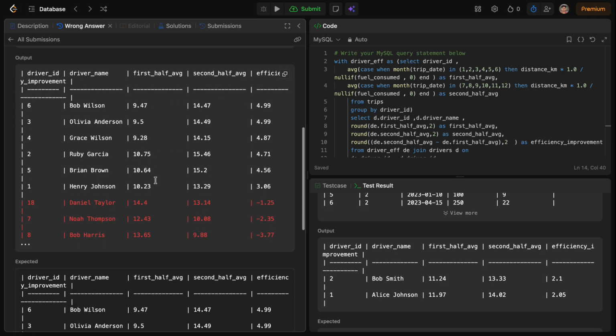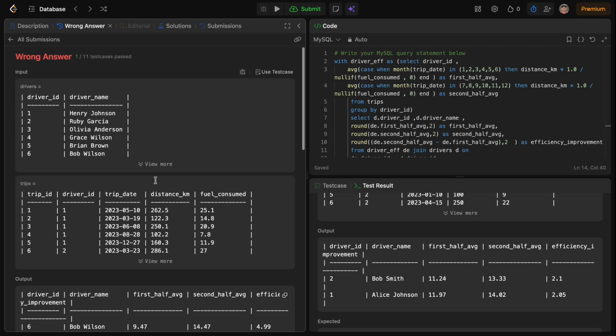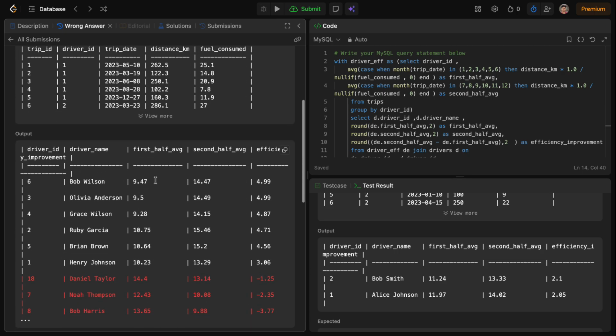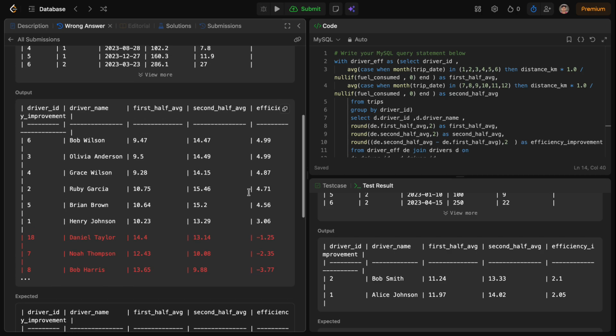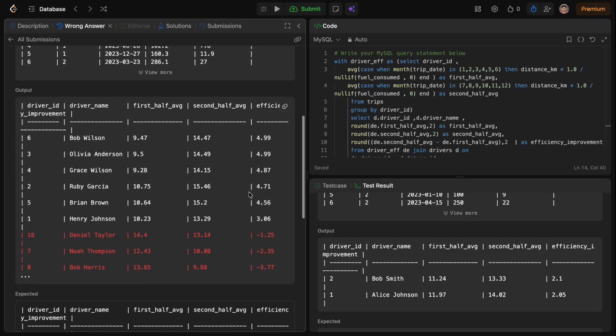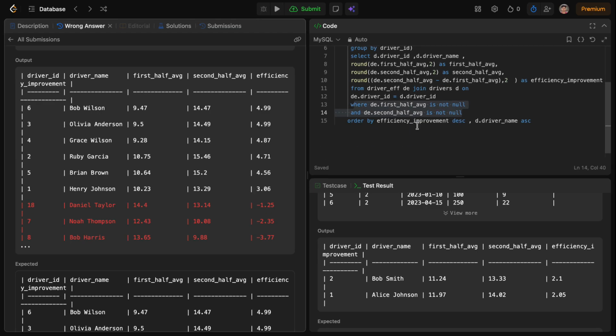Why this error? There are some test cases which have a -1 value, which is not good. The efficient queries are those where the efficiency improved is greater than 0.